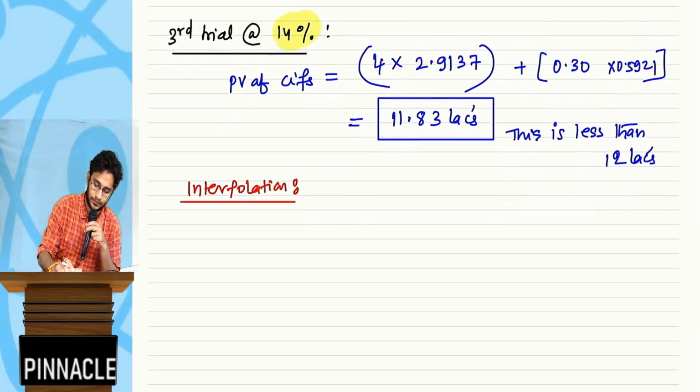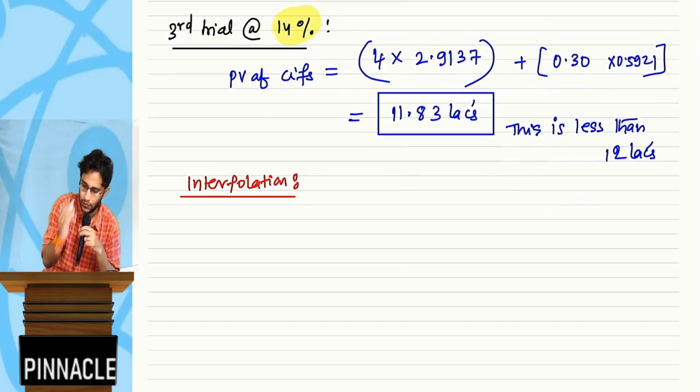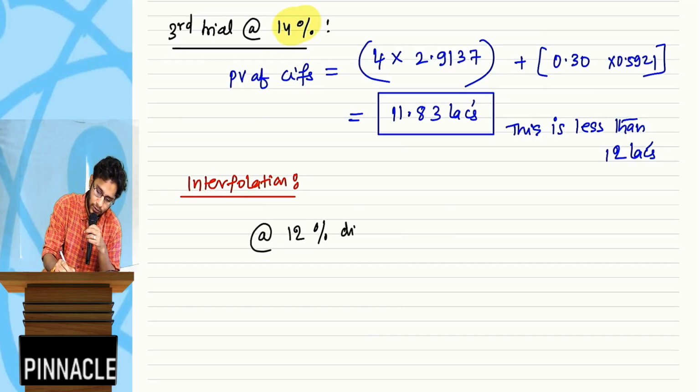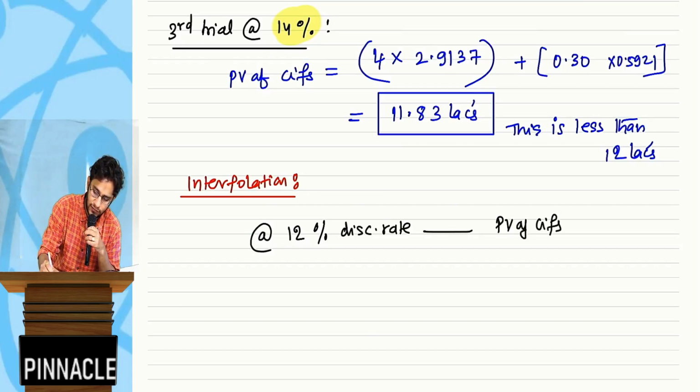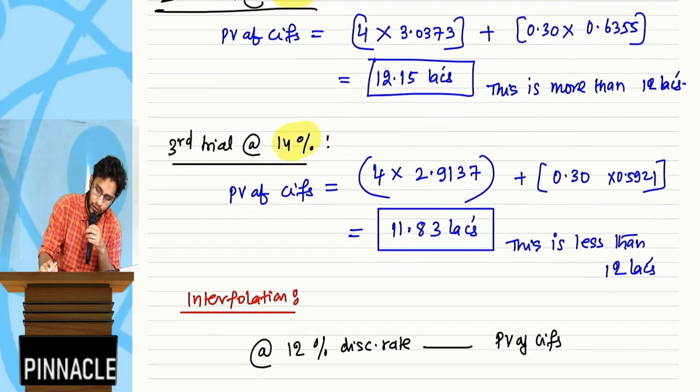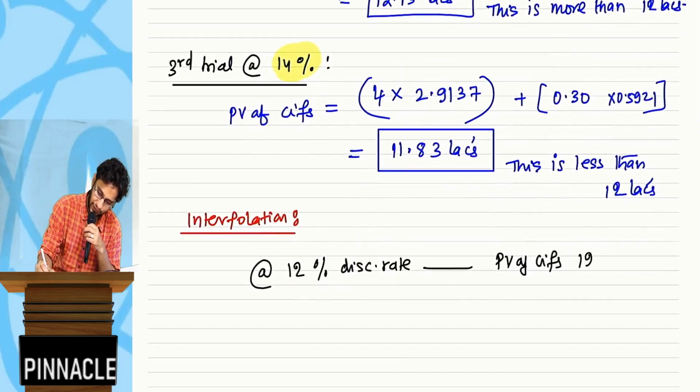Okay, let us see. How to do interpolation, sir, you don't memorize anything. Just watch, feel and do. At 12% discounting rate, what is your PV of cash inflows? 12.15 lakhs.